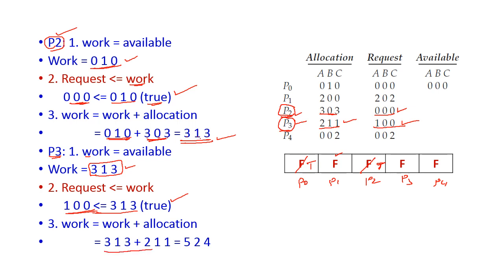Now that will be added into current work. 3, 1, 3 will be added into 2, 1, 1, which is equal to 2 plus 3 equal to 5, 1 plus 1 equal to 2, 1 plus 3 equal to 4. So P3 also executed successfully.